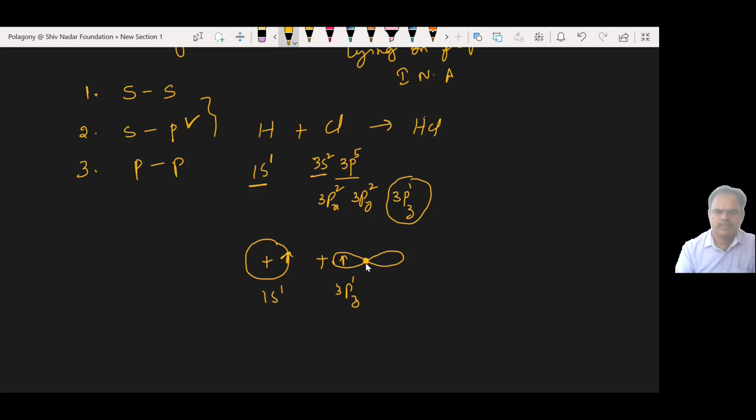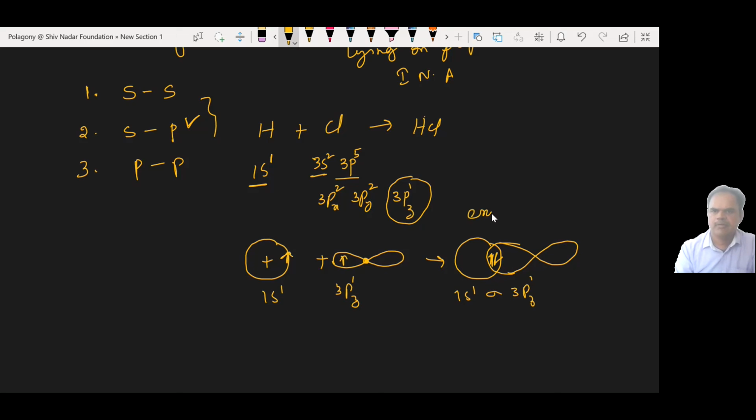When the chlorine atom approaches the hydrogen atom, the 1s and 3pz orbitals overlap, resulting in a sigma bond. Between hydrogen and chlorine, an electron pair is formed, so the unpaired electrons are paired here.